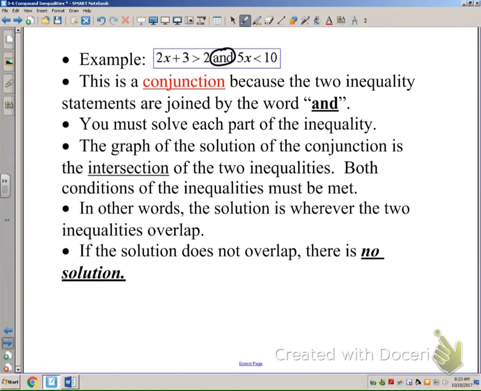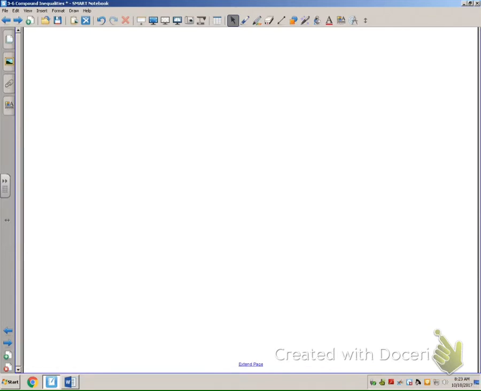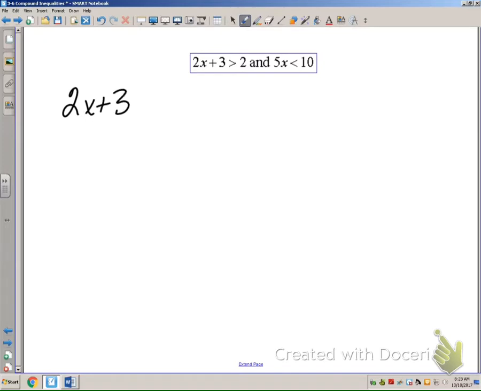Okay, so we've got 2x plus 3 is greater than 2, and we've got 5x is less than 10. Let me paste this in here so we've got some room to work. I want to solve the 2x plus 3 is greater than 2 to begin with.